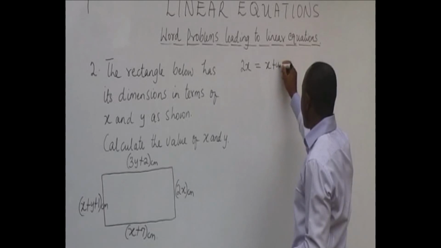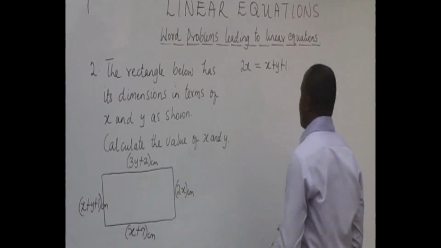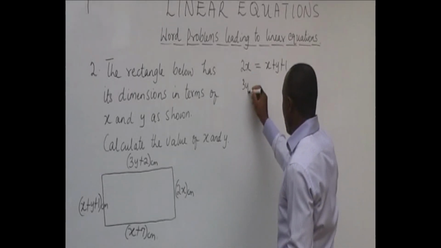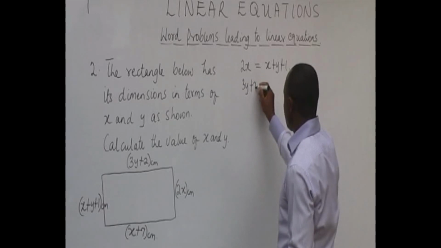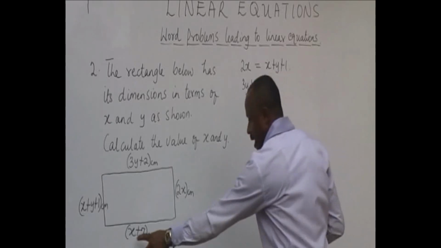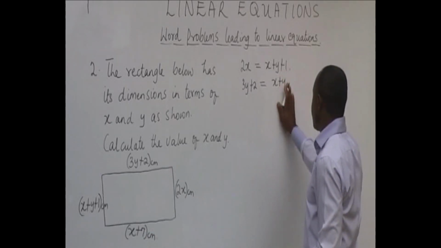If this is a rectangle, at the same time, 3y plus 2 will be equal to x plus 7.